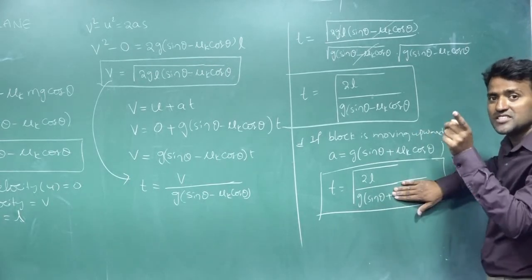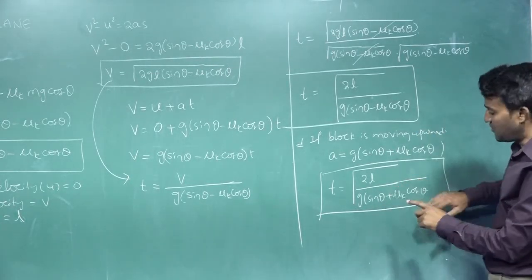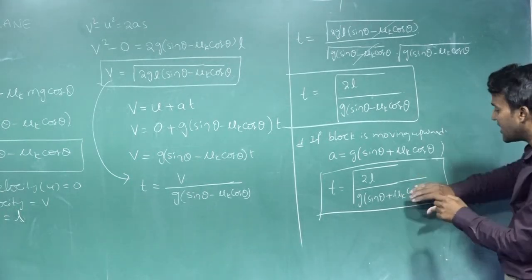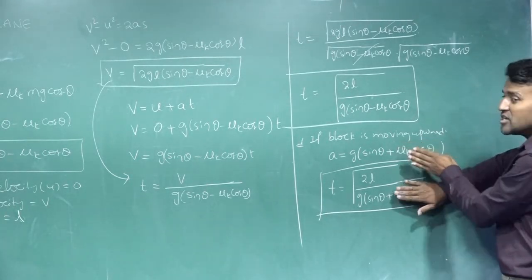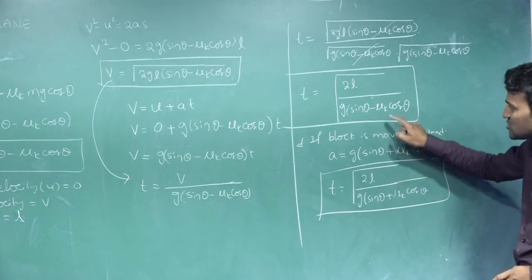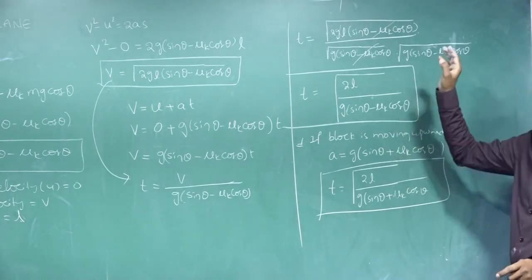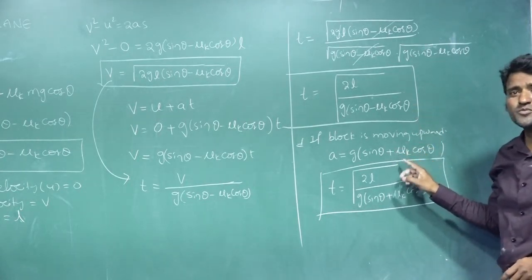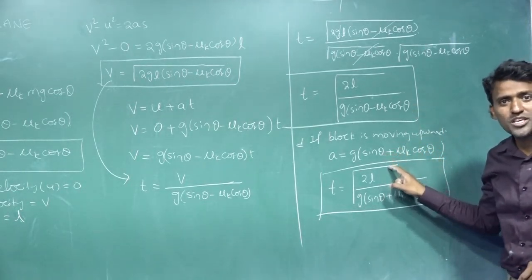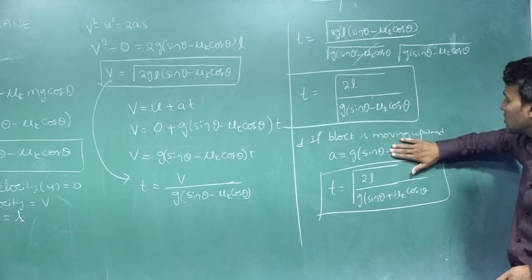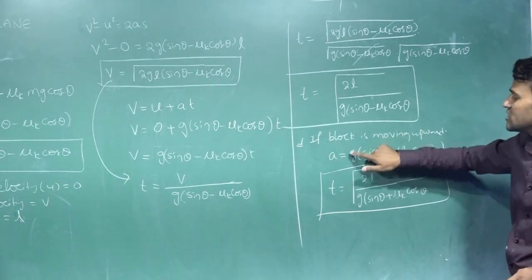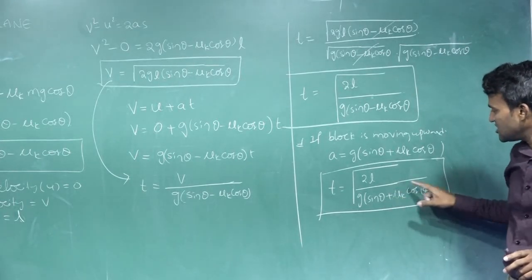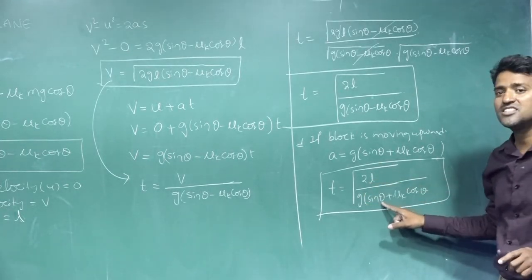These are the same formulas as the previous class, but with frictional force 0. If you remember these formulas, you need not remember all the others, because for a smooth surface you can write frictional force equal to 0. Then only g into sin theta remains, so the time is under root of 2L divided by g sin theta.